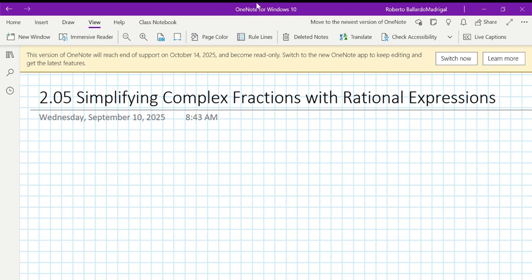All right. So let's talk about what is a complex fraction. So let's write this down right here. Okay, complex fraction.